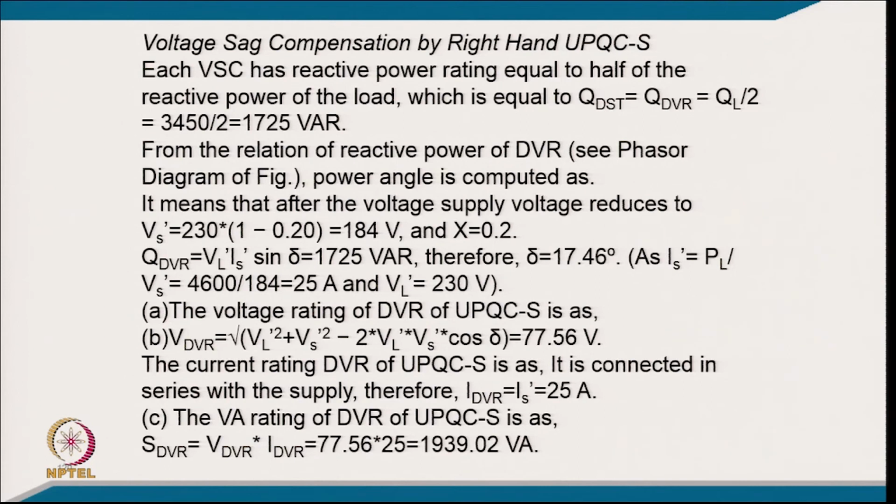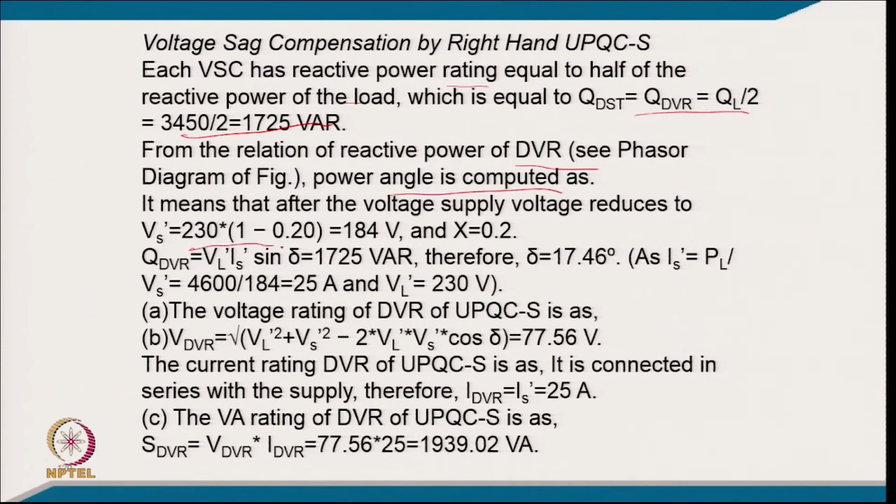So, now coming to the voltage compensation by the right hand UPQC. Each VSC has a reactive power equal to half of the reactive power of the load, that is QL by 2, which is 1725 VAR. From the relation of reactive power of DVR, the power angle is computed.